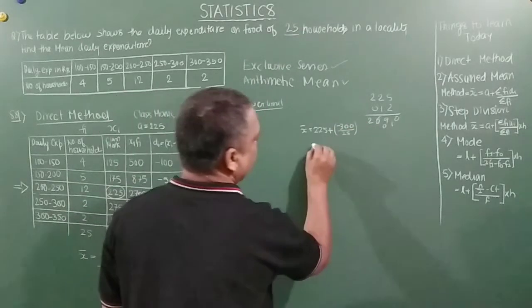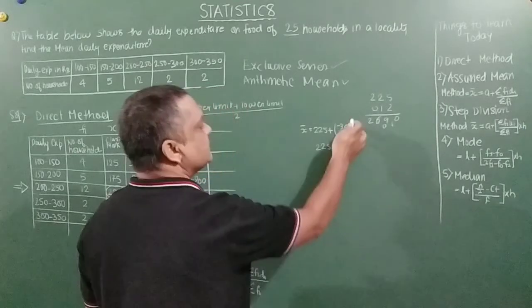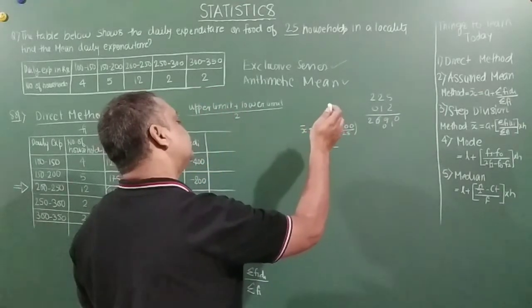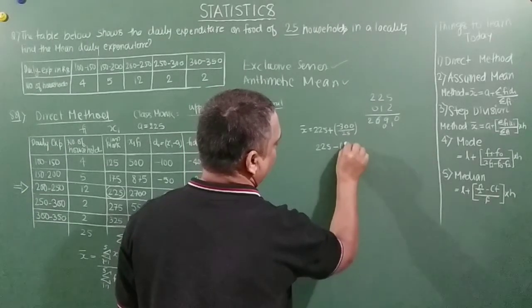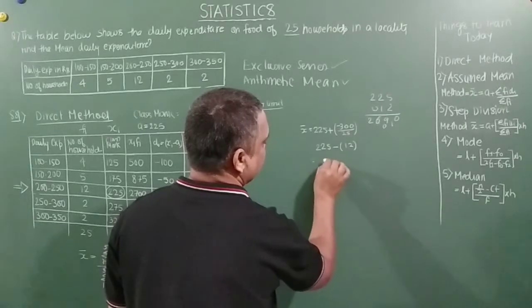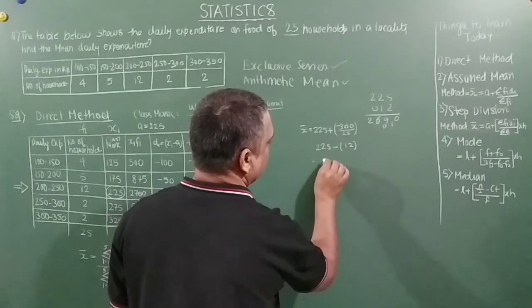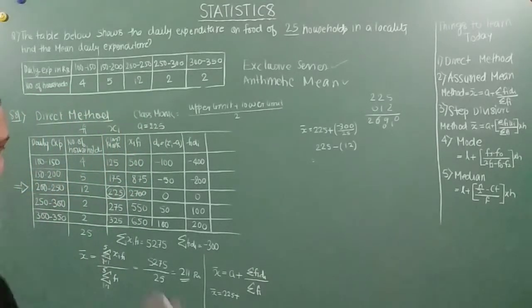So this will be equal to 225 minus this is 25. So 1 time 5, 2 times. So that is equal to 1 second.